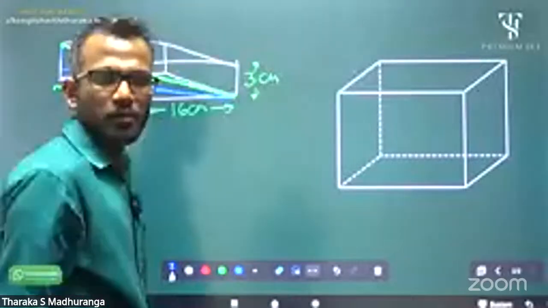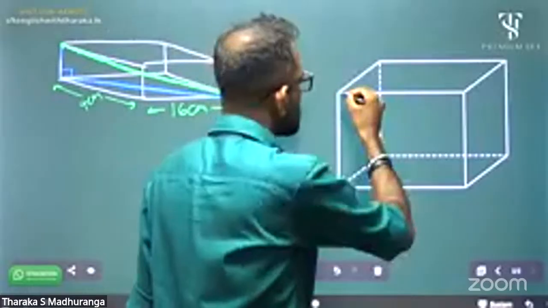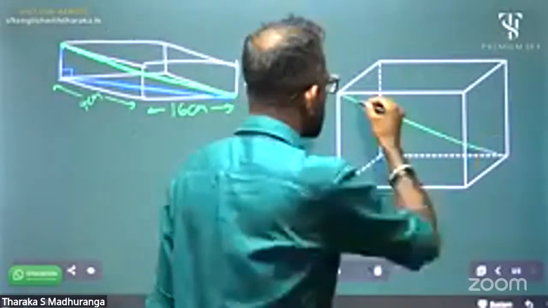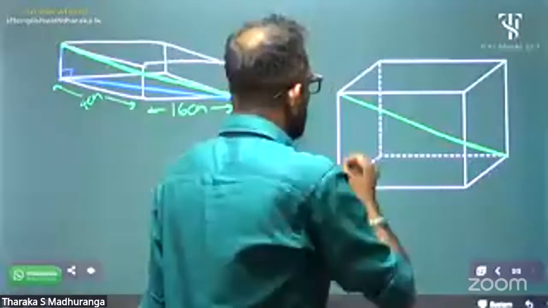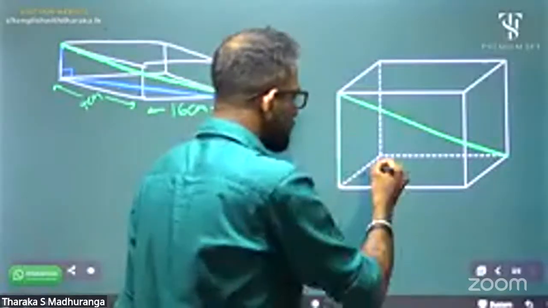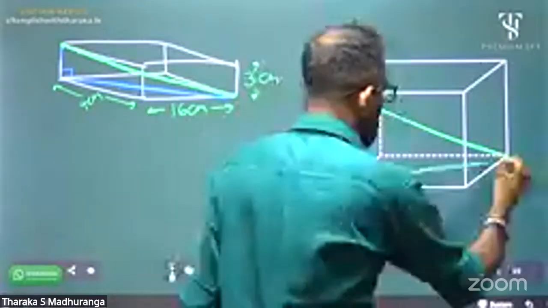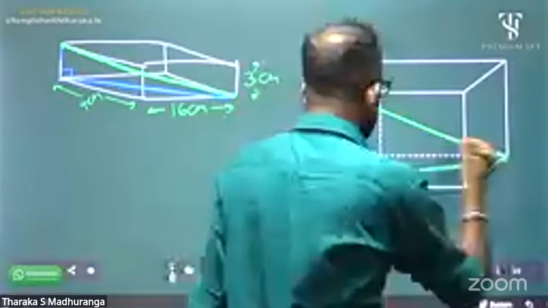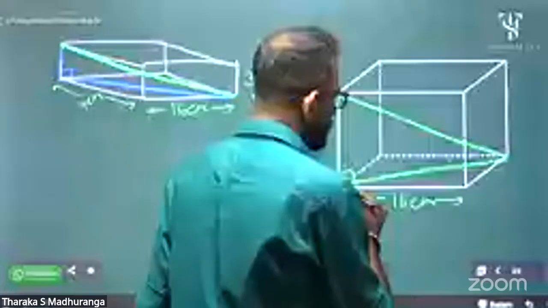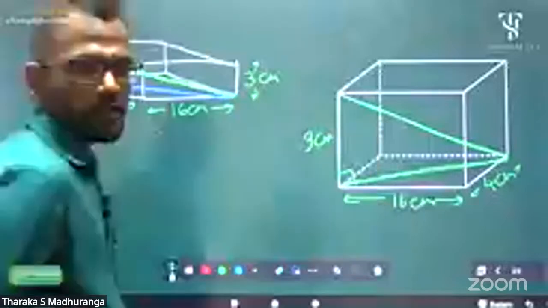This is a cuboid, and this is the maximum length we can keep inside it. Now, this is a right angle triangle with 16 centimeter, 4 centimeter, and 3 centimeter. It's not to scale.